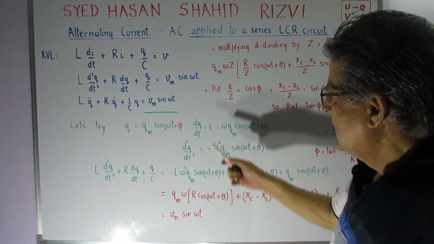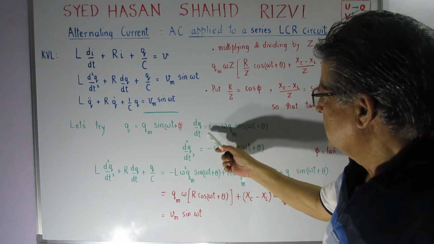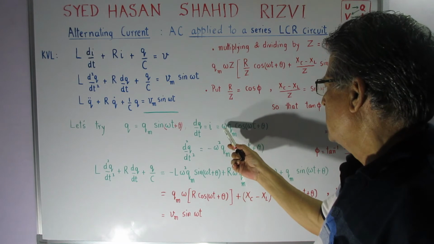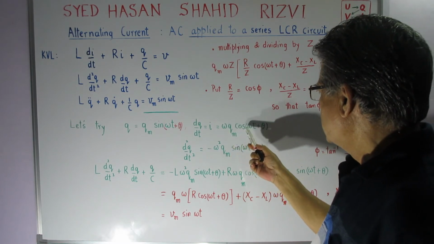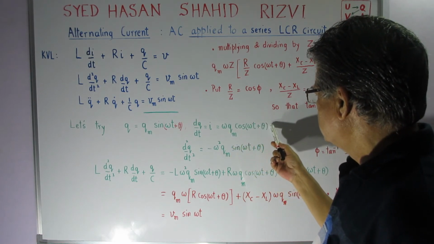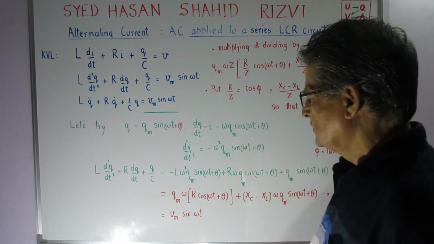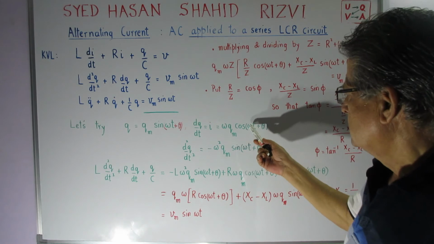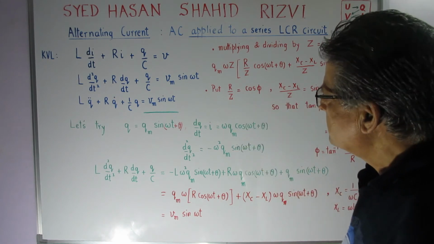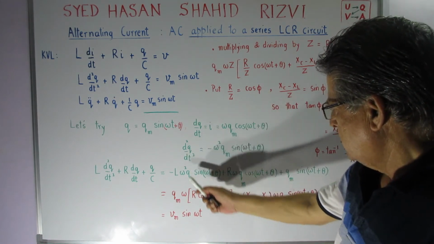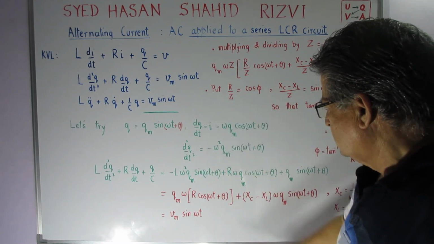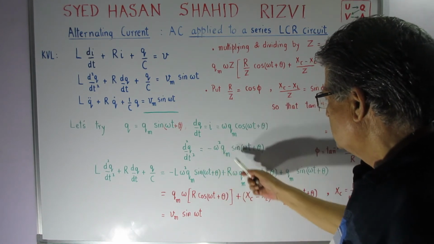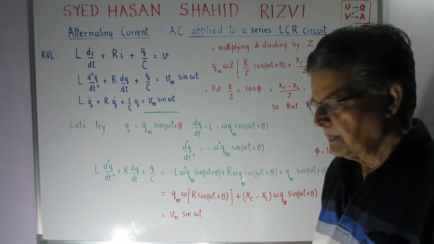So dq over dt is equal to I, and when I differentiate I get omega Qm sine of omega t plus theta plus pi by 2, which turns out to be equal to cos of omega t plus theta. And similarly, if I differentiate it again with respect to time, then I get minus omega square Qm sine of omega t plus theta.